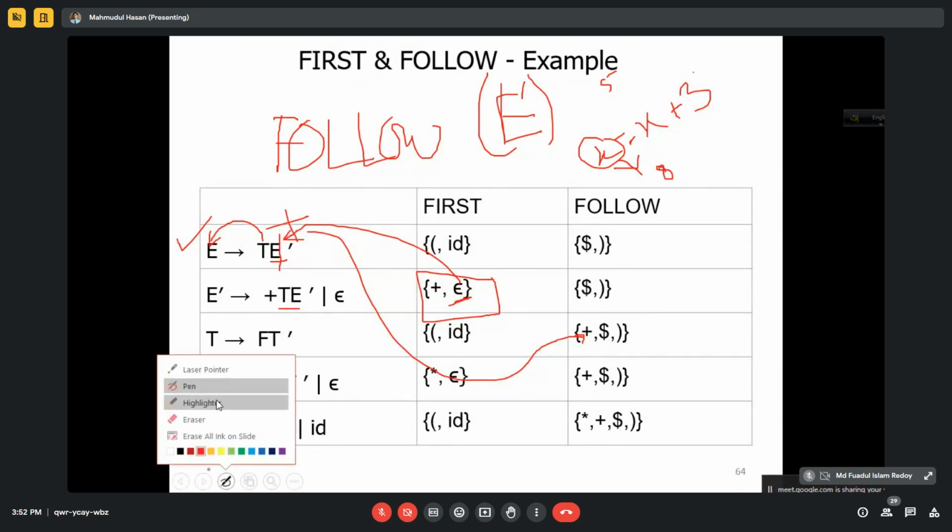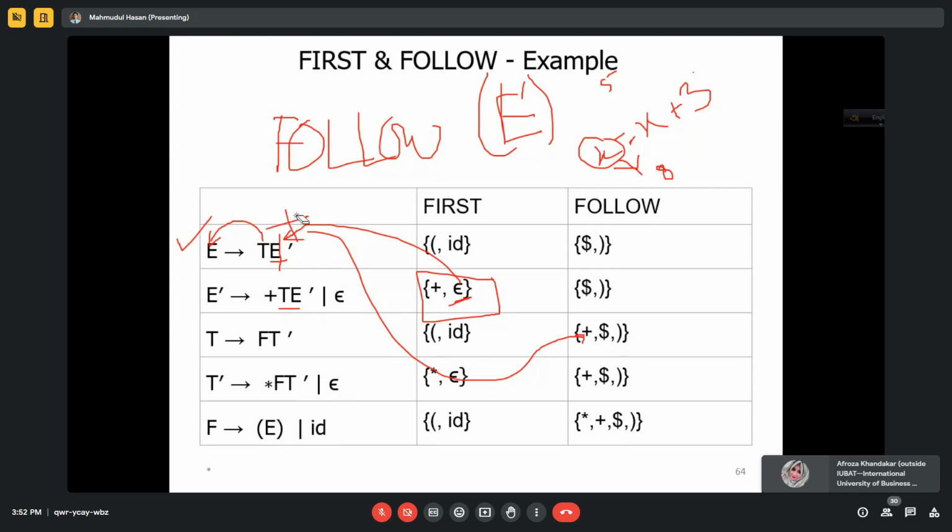Now again replace. There is another first value, that is epsilon. So if you have 5 first values, you need to replace 5 times. There are 2 first values, that's why you need to replace 2 times, no problem. So replace this one with epsilon. When you replace E dash with epsilon, that means this E dash will be removed.